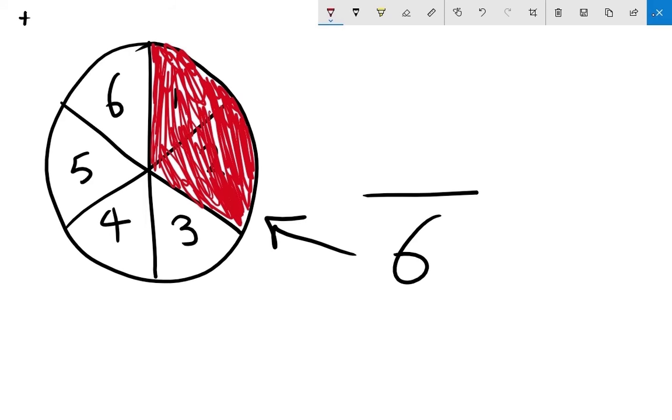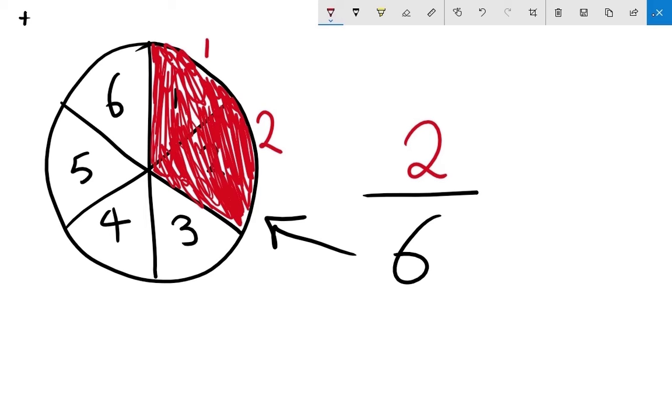Okay, now 2 parts of this circle are shaded. Can you get a fraction of shaded parts to the whole number, to the complete number of parts? There are 1, 2 parts shaded, so it's 2 over 6 parts shaded.